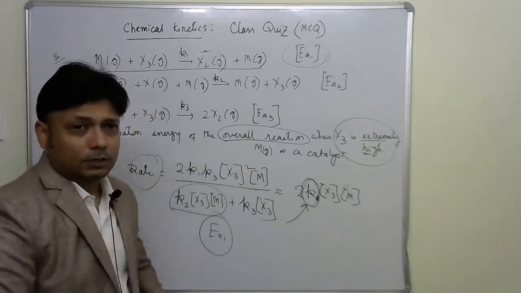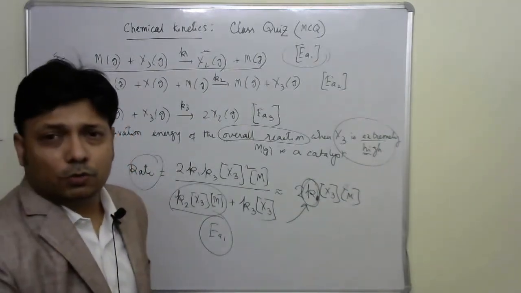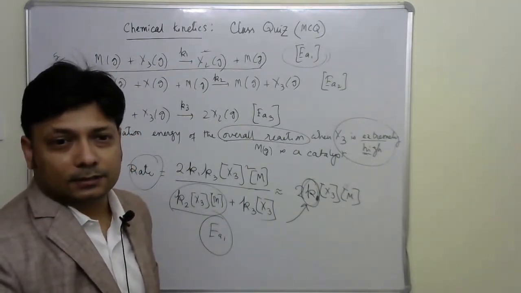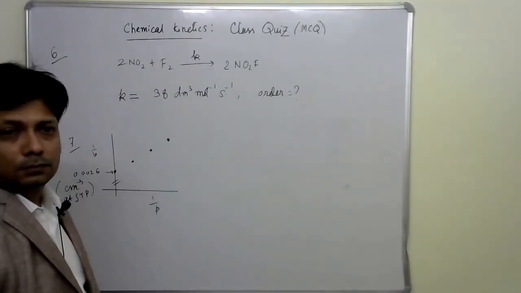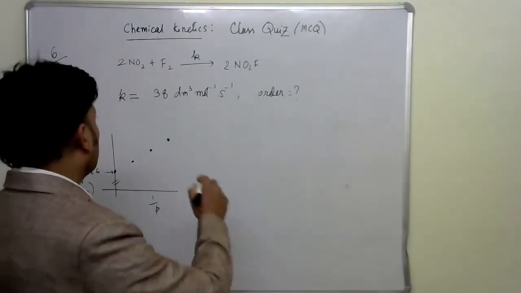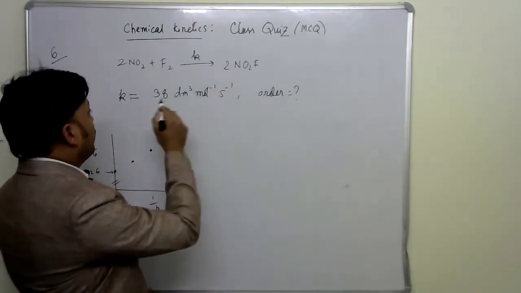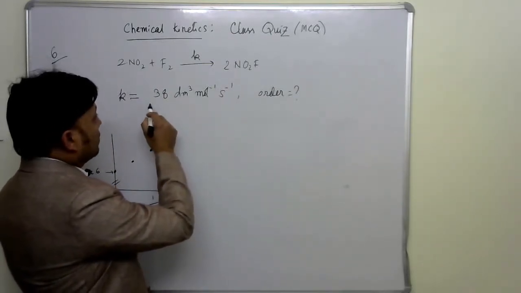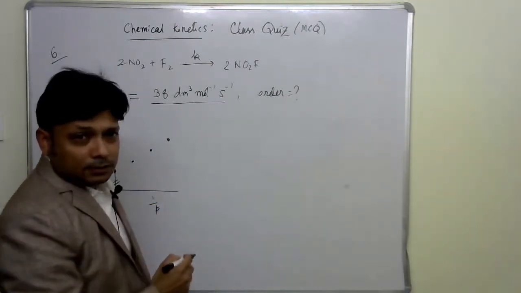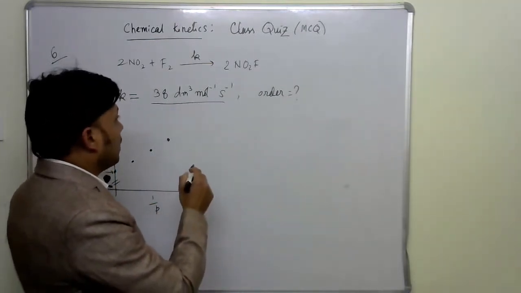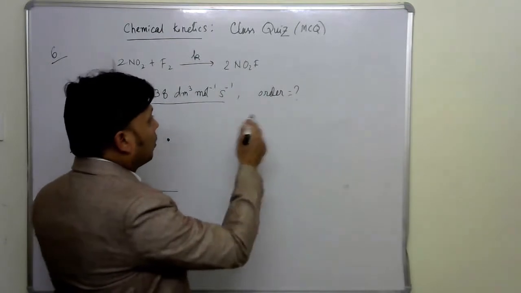All right, so now we move on to question number 6. Question number 6 says that for the following reaction, the rate constant is something like this. The value is given and it asks you to find out the order.